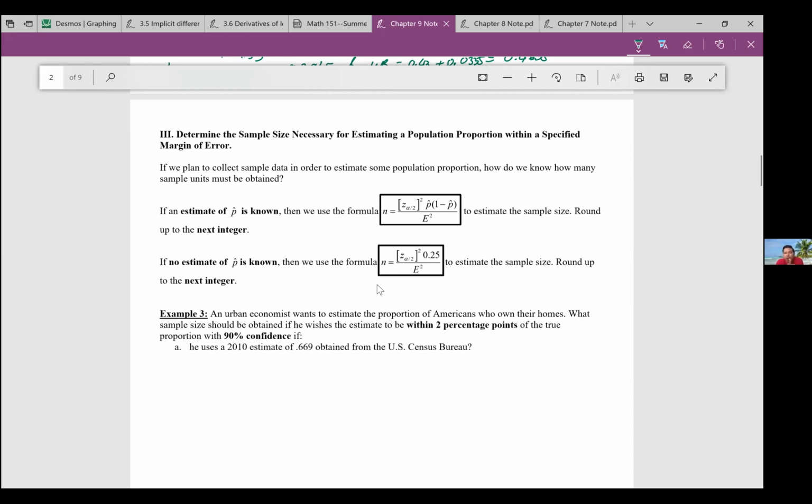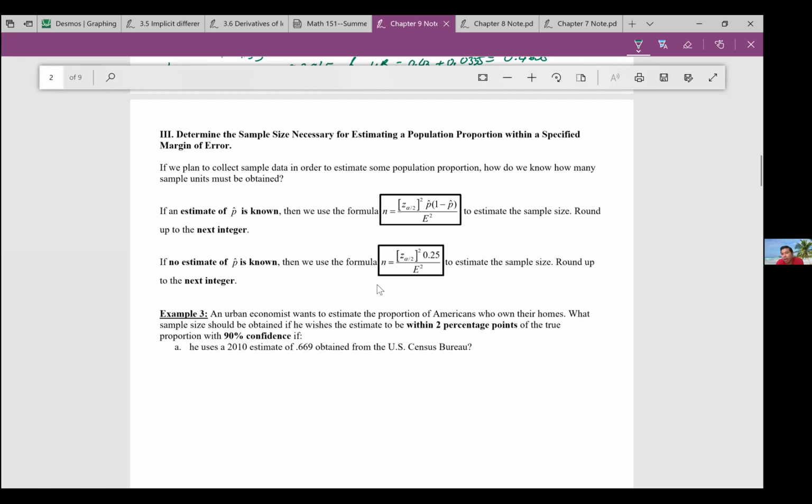If you know the p-hat, meaning that you watch the news or read an article where someone presents their research, and says, based on my research, this is what I got for the p-hat. And you want to do exactly the same research to see whether their result or yours is better, then you need to know how many samples to select. That is what's going on if you know p-hat, all right?